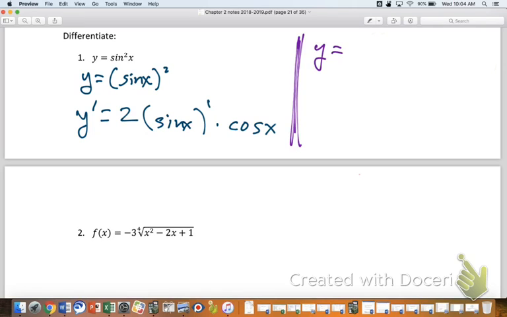What if I said y equals sine of input squared? This is different, right? Because the first one I gave you right here, the input was sine of x, and we were essentially squaring the output. On this one in purple, I'm squaring the input. So here we'd say, okay, what's the big box? Sine is now the big box. And what's the derivative of sine? Cosine.